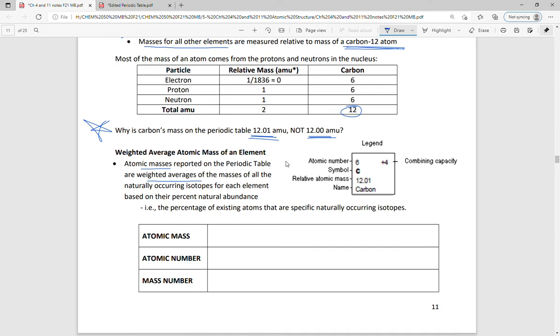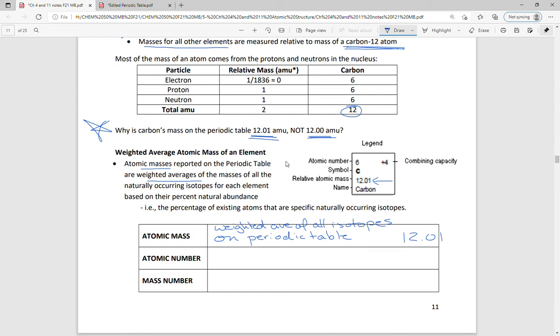So on the periodic table, it's the weighted average of all isotopes. For carbon specifically, it is that 12.01 that we can see on the periodic table. So that's atomic mass.